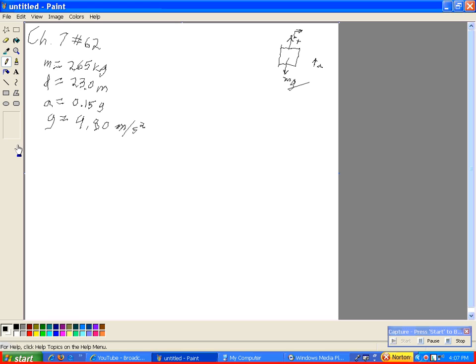So, part A is asking for the force of tension. What the heck is a force of tension? Then part B is asking, what is the net work done?